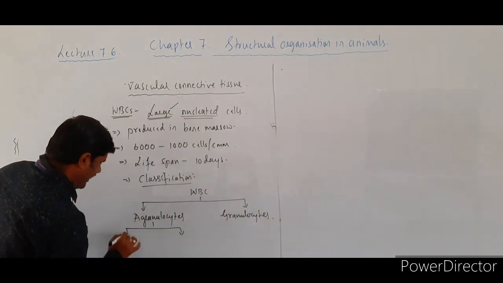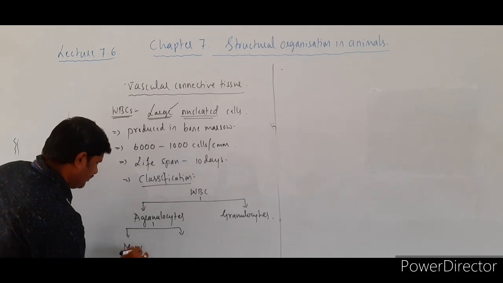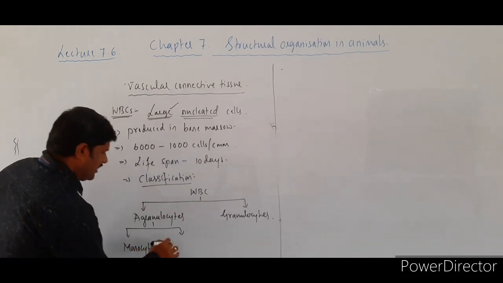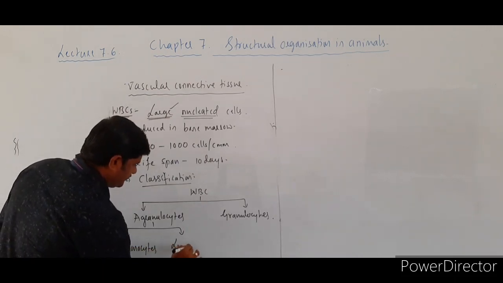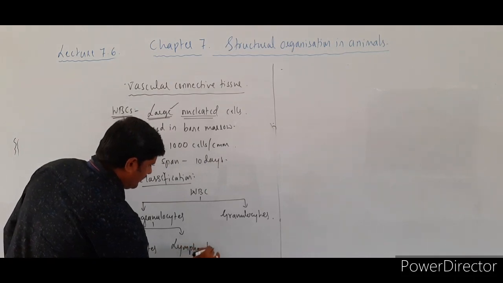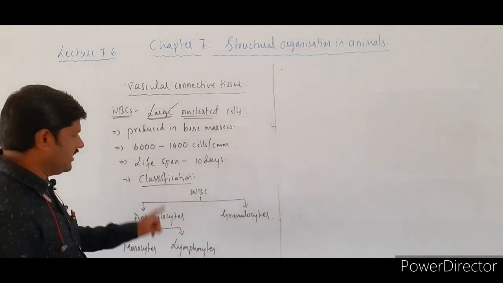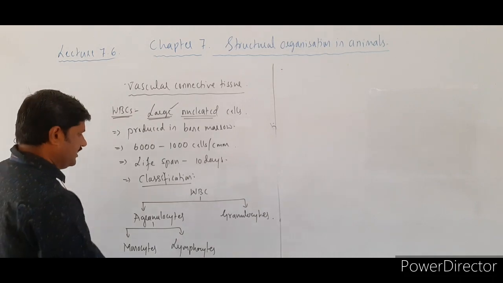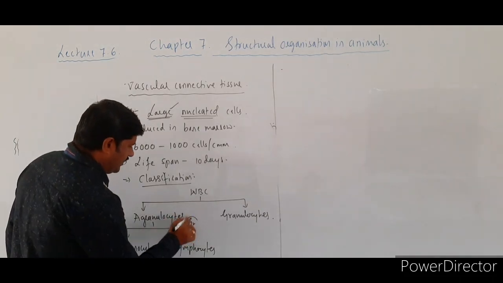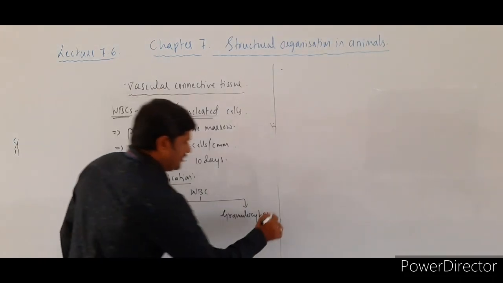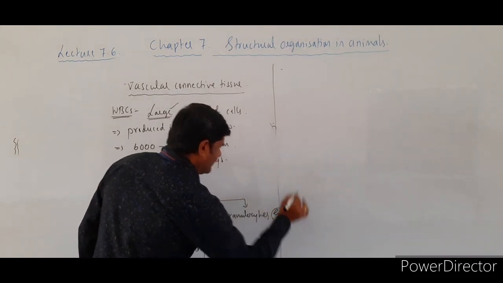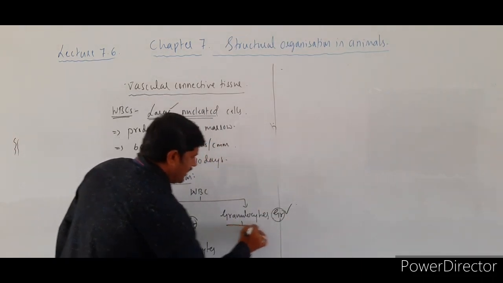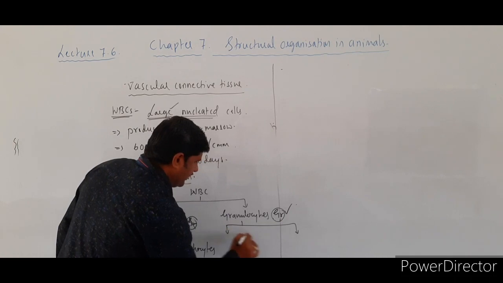Agranulocytes are two types: monocytes and lymphocytes are the two types of agranulocytes that we come across. Here the granules are absent. Here the granules are present.